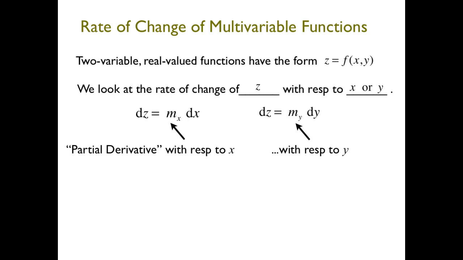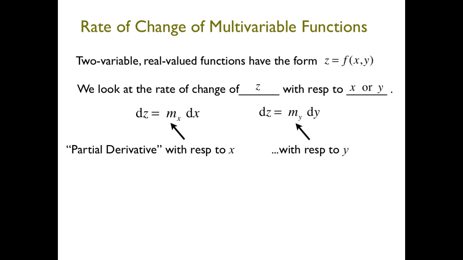If we're talking about the partial derivative with respect to x, then what do we have to say about y? We want to know the change in z given a change in x, so what's going to happen with y? Treat y like a constant. Yeah, we want to hold y fixed.